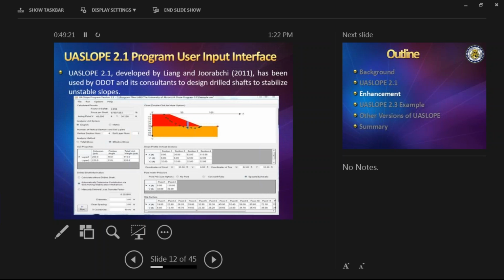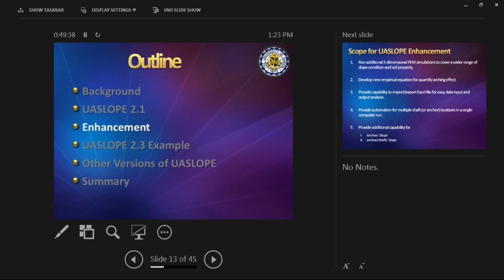So this has basically been used for some time by Ohio DOT and some of the consultants who happen to work for ODOT or some other consultants who know the existence of the program. So now why do we go into this enhancement work?